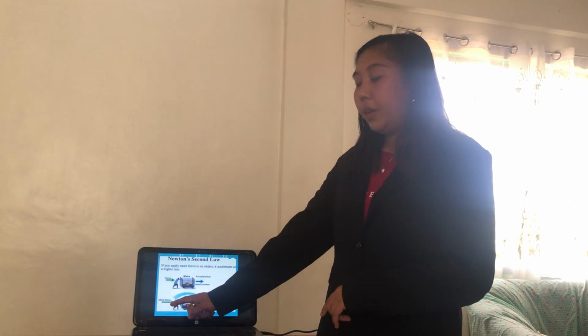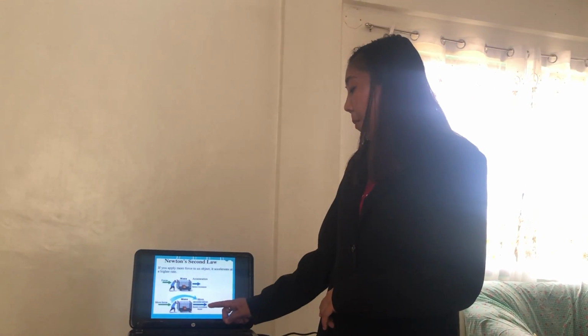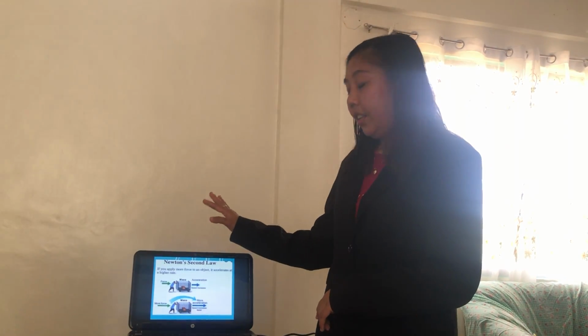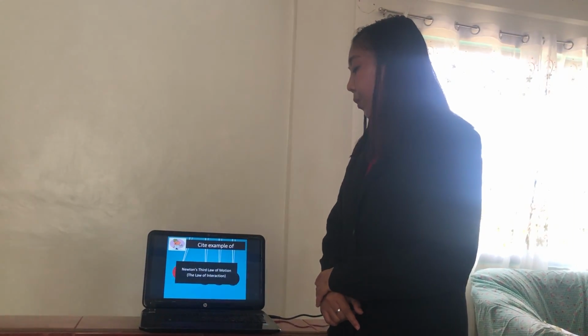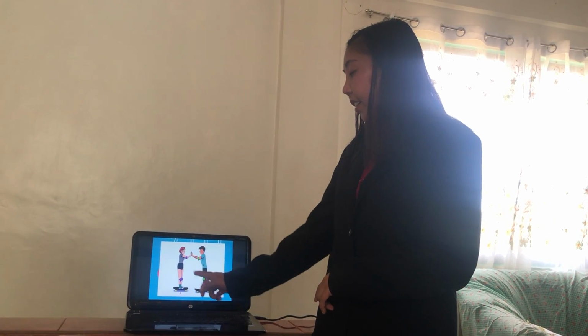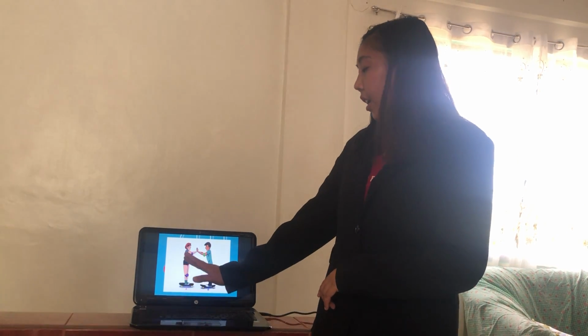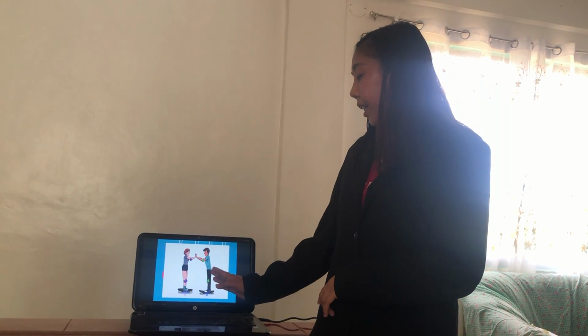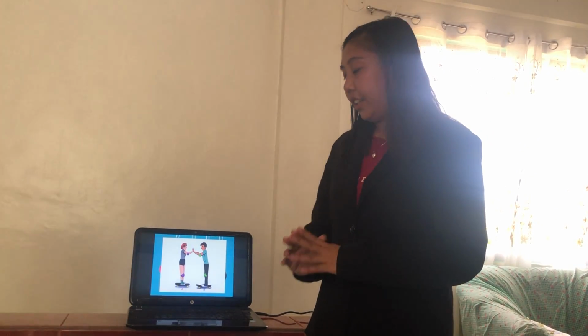While if you apply more force, then there is a tendency of more acceleration. While the third law of motion, which is the law of interaction, an example is just like this. This is body 1 and body 2, which undergo reaction and action forces.